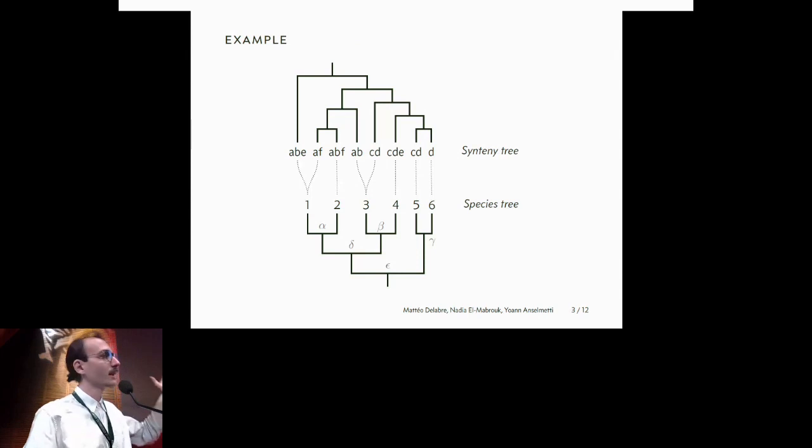This is illustrated by the fact that at the bottom we have labels, which are strings of genes. For example, the first one would indicate that genes A, B, and E are present in the synteny. The next one is genes A and F. And you see that in this synteny tree are contained many gene trees: the gene tree for family A, for family B, etc. So this is the input, the setup for synteny reconciliation.